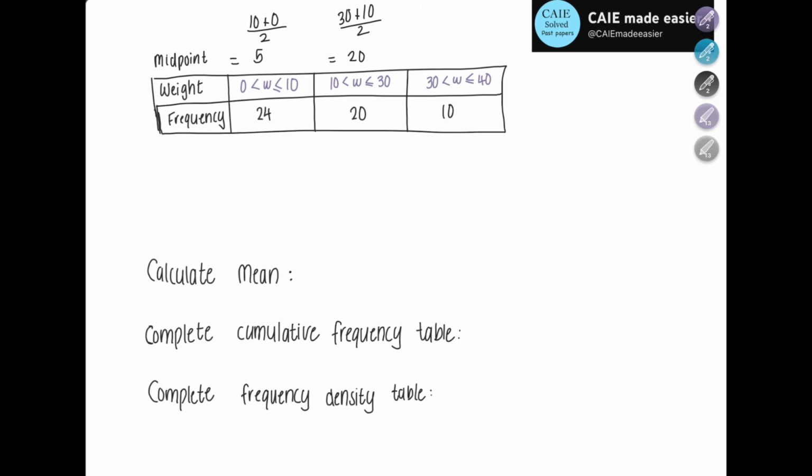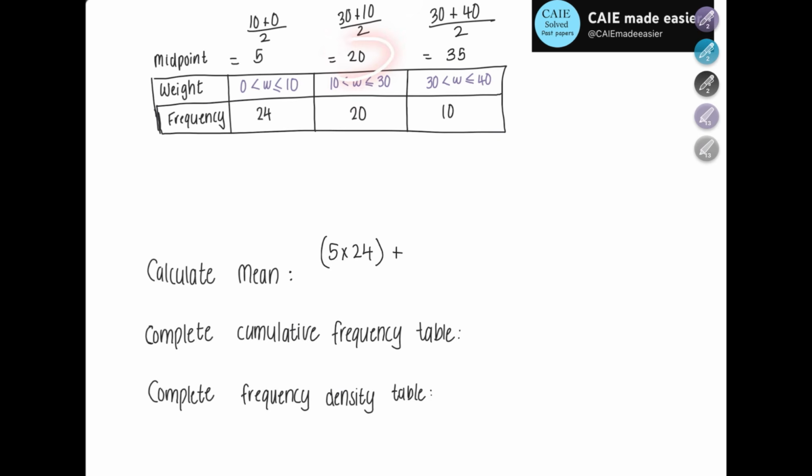Logically, you can see this is going to be in the center, right? The number between 10 and 30 in the exact center is 20. Finally, 30 plus 40 divided by 2 equals 35. Okay, now to calculate the mean, multiply your midpoint by the frequency. So it's going to be 5 times 24, and then add that for the second value.